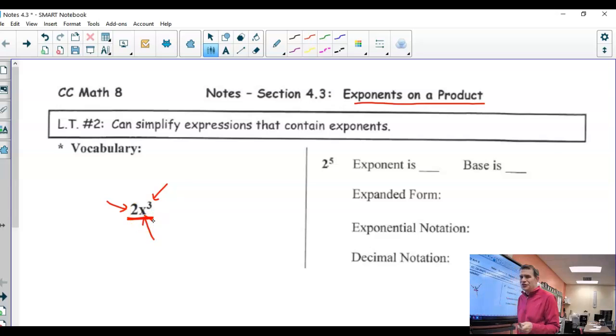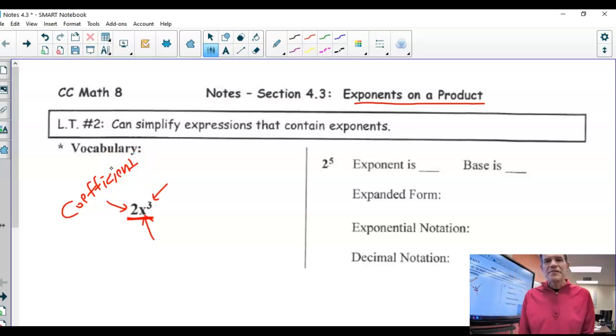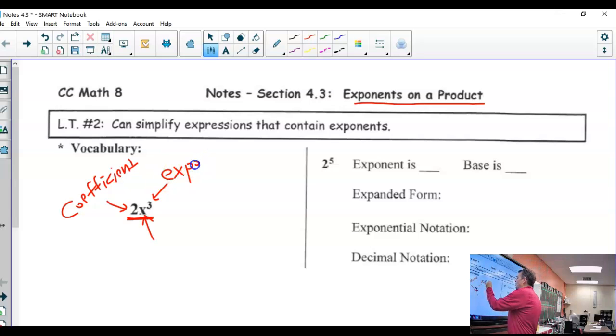The 2 is something we've talked about before. I hope you know what that is. It starts with a C, and it ends with a coefficient. The 2 is the coefficient. Every variable term has a coefficient. The x, I'm going to get to in a minute. The 3 is the exponent.